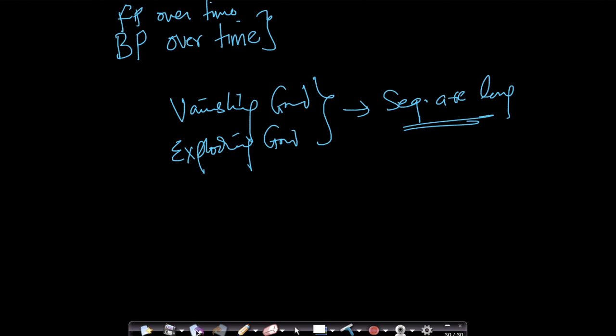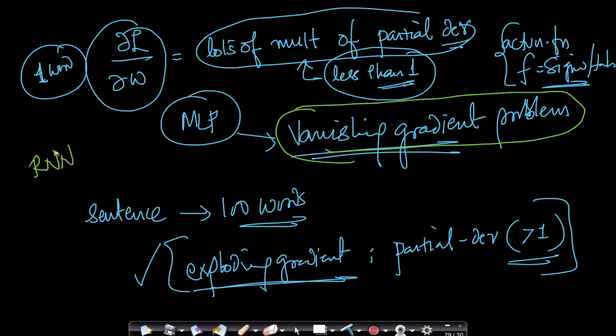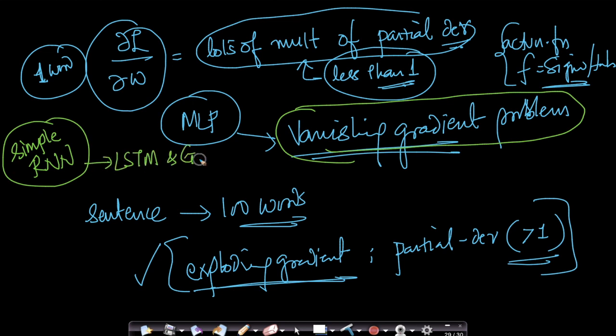That's the problem. This problem has been a major issue for RNNs for a long time, but there are modifications to the simple RNN. What we have seen till now is a very, very simple RNN. There are modifications to simple RNNs called LSTMs and GRUs.